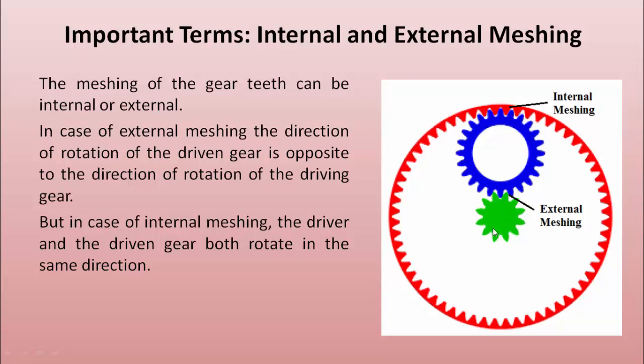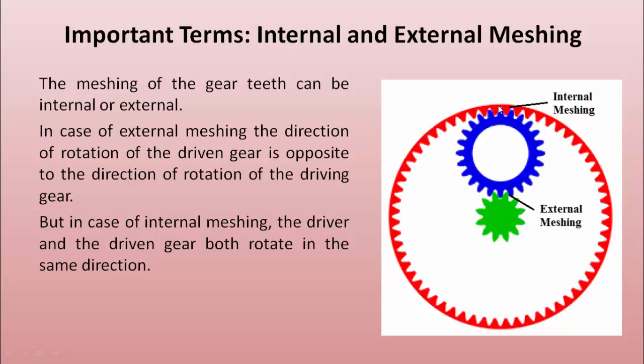This is my gear and the teeth are on the outside of the gear. Here also, this is my gear and the teeth are on the outside of the gear. So in this case, both the teeth are on the outside of the gear and these teeth are meshing with each other. Hence it is known as external meshing because both the teeth are on the outside of the gears.